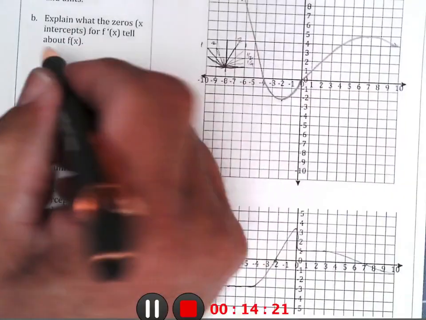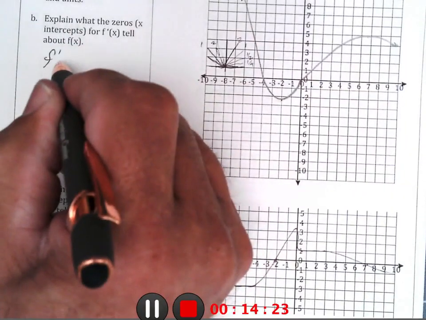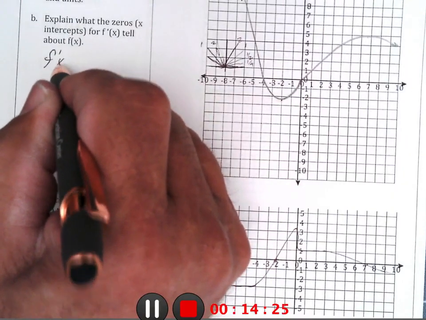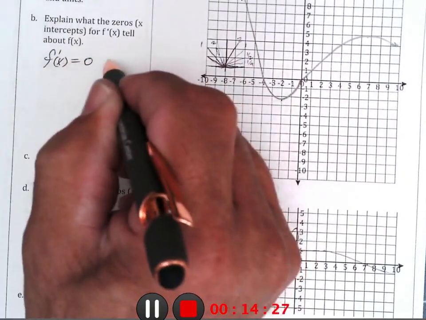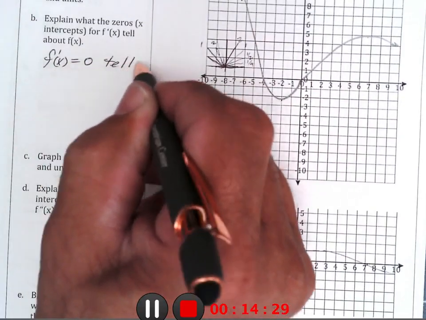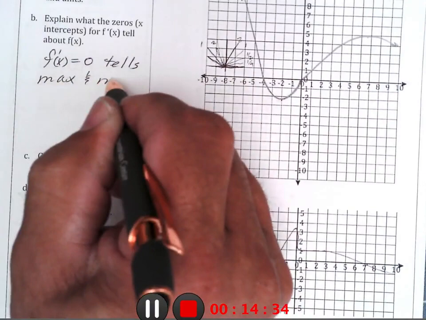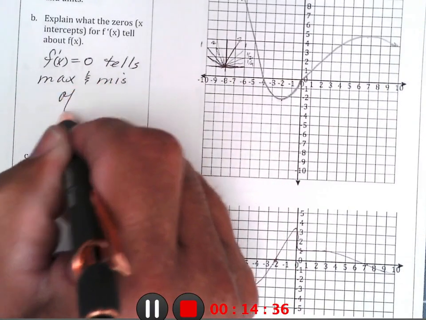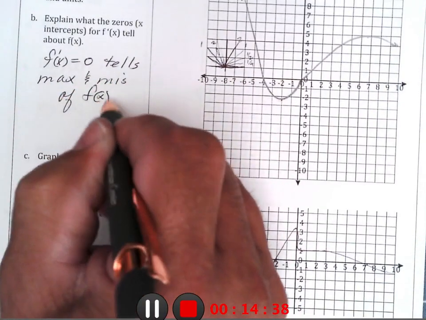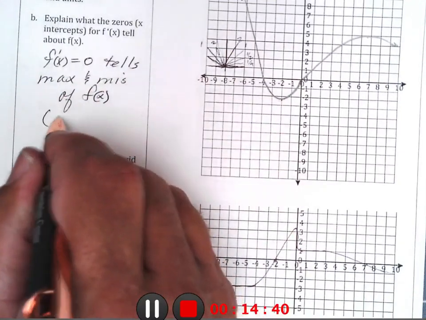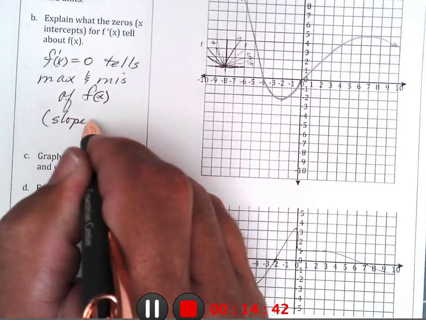F prime of x equals 0 tells max and mins of f of x. Slope is 0.